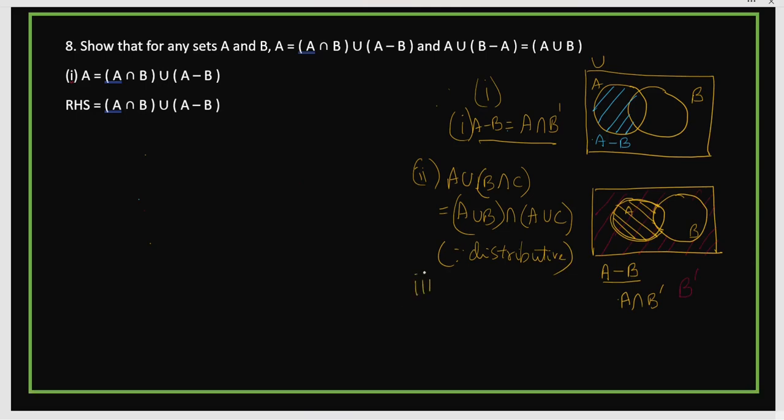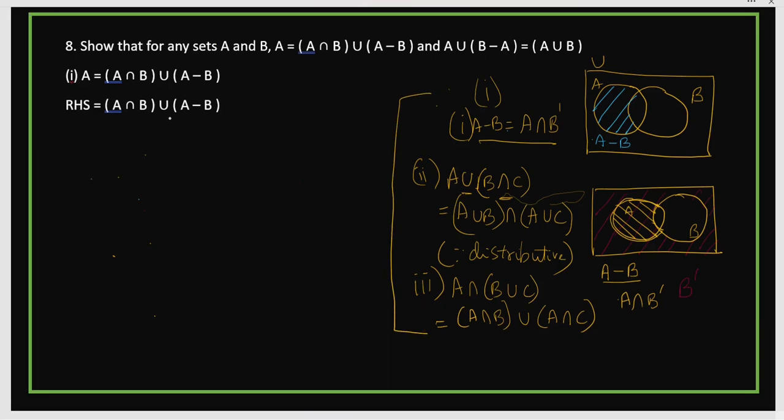The third one is that union distributes over intersection. Similarly, A intersection B union C equals A intersection B union A intersection C. These three relations we will be using. They are very important.